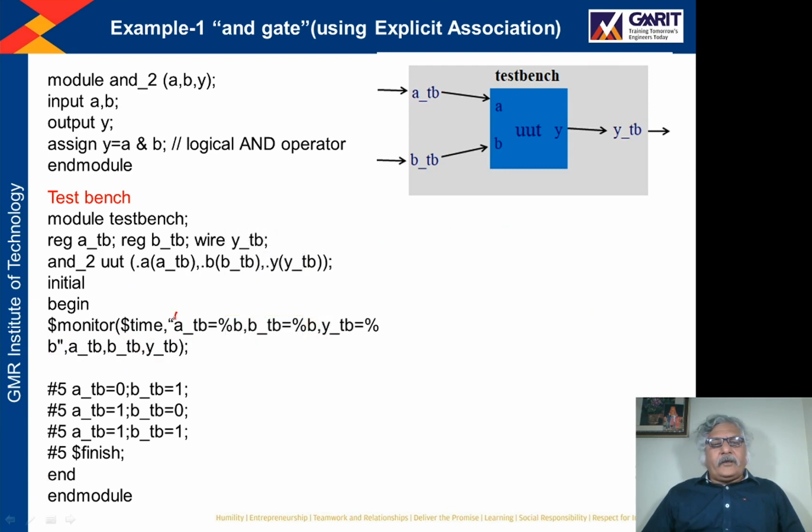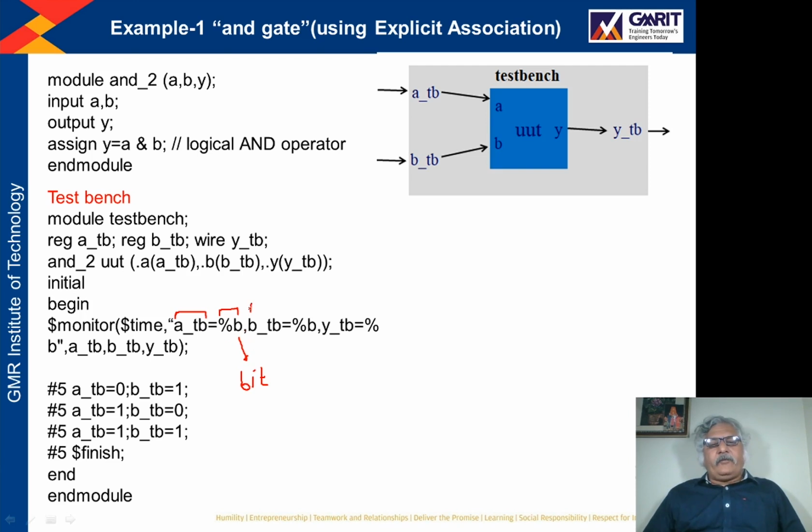See what is written here: a underscore tv is equal to %b. Here b indicates a bit type value, so to a underscore tv we can assign a bit type of value.